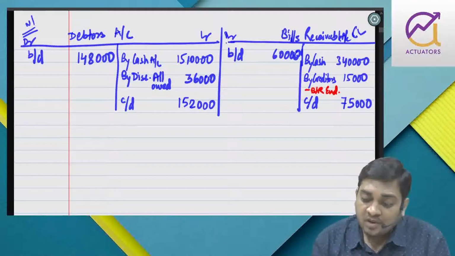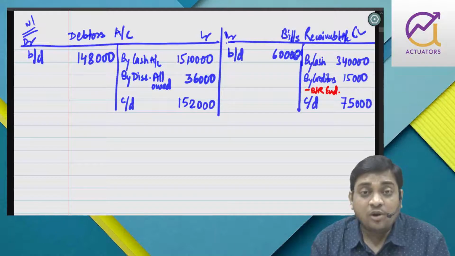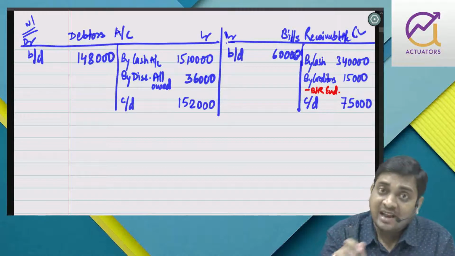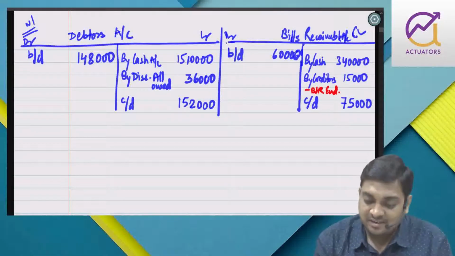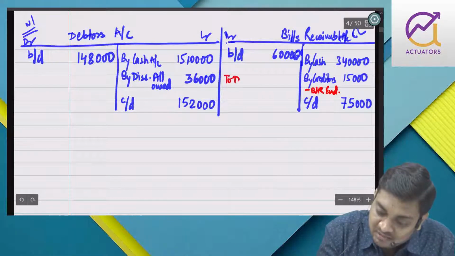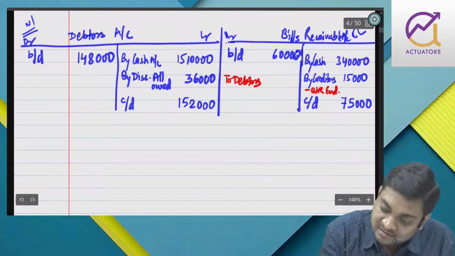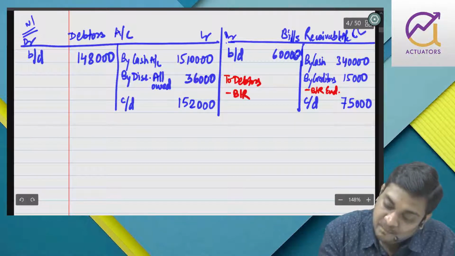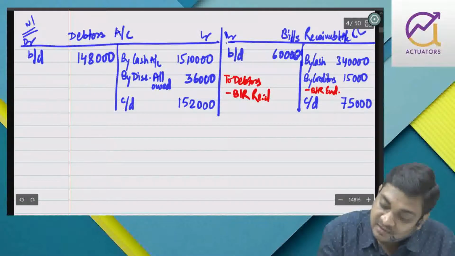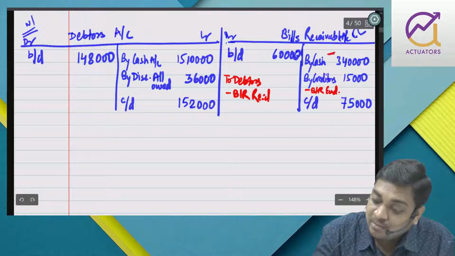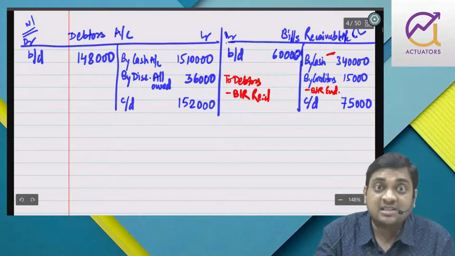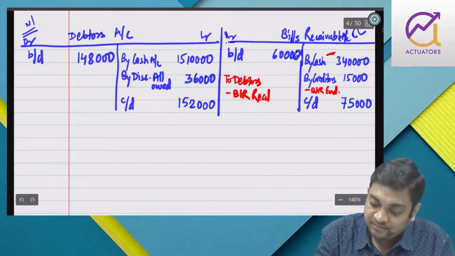Now, from bills receivable account, you are going to get BR received during the year. That you are going to put in debtor, and then from debtor you are going to get the credit sale. So here the balancing figure is BR received. This is cash collected from bills receivable, 3,40,000. This is BR matured, not received.